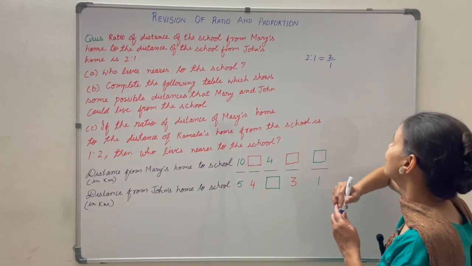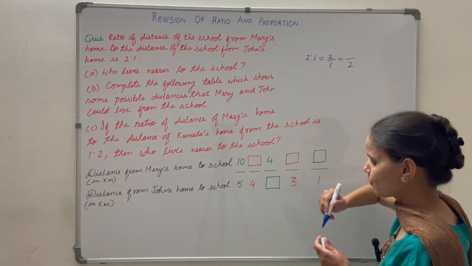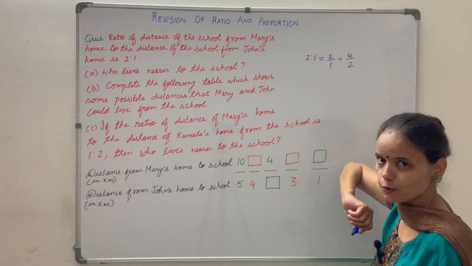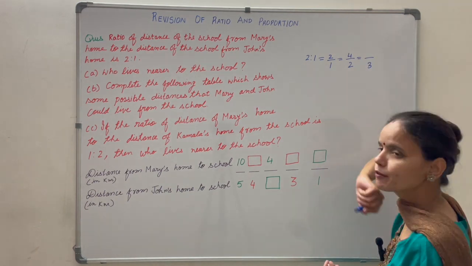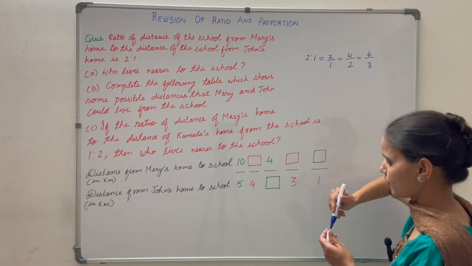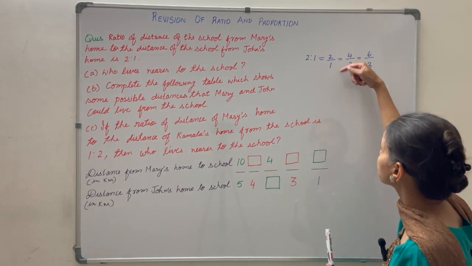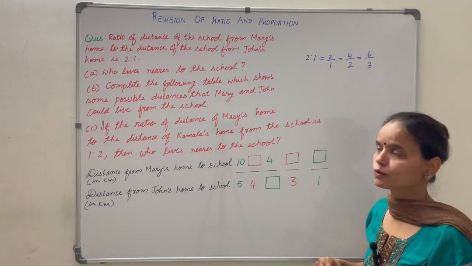When John's home is 2 kilometers away, Mary's home is 4 kilometers away. When John's home is 3 kilometers away, Mary's home is 6 kilometers away. Mary's home is always at twice the distance of John's home to school.